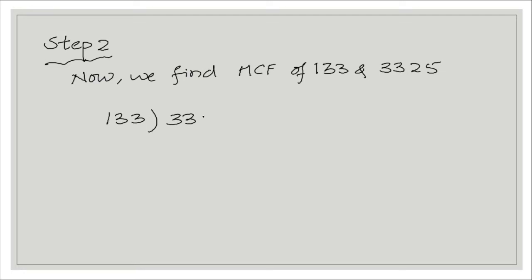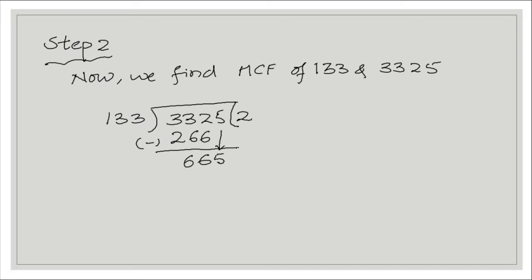We divide 3325. It goes with 2 times. So first 3 digits we have to consider. 2 times is 266. You subtract. Upon subtracting, we will be getting 66. You take this carry 5. So 665 is 5 times. We get it as 665 only.